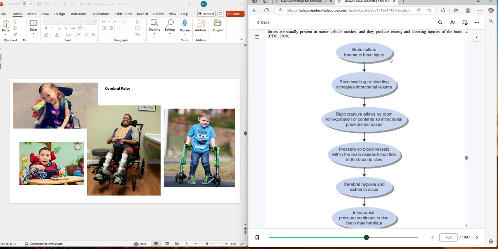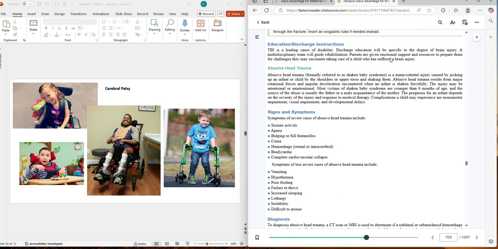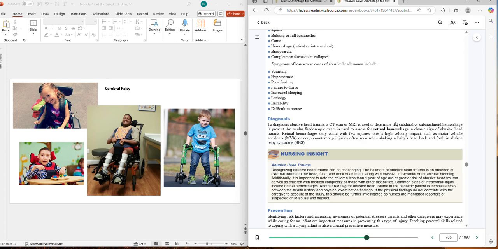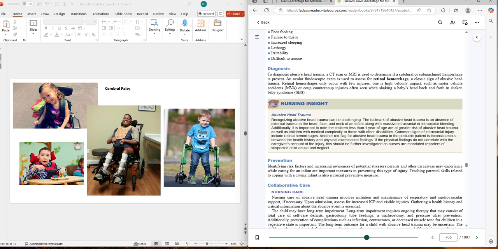Make sure you read through that. 706 starts talking about abusive head trauma. You need to see what the signs and symptoms are. This is non-accidental, okay? This was like shaken baby syndrome. Make sure that you're monitoring that LOC, okay? Number one thing to monitor with these children is their level of consciousness, okay?